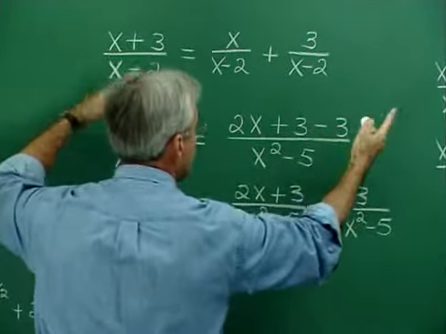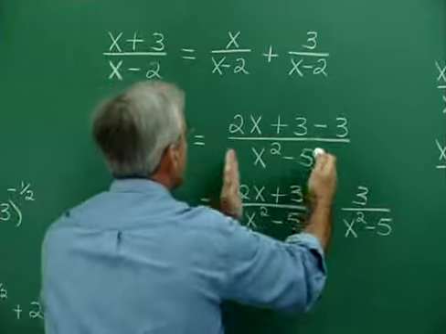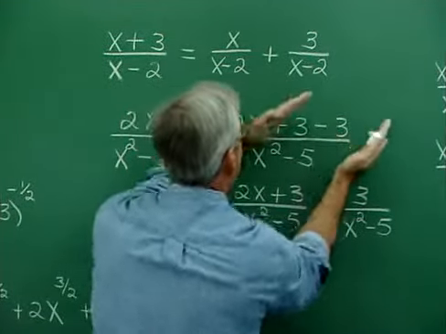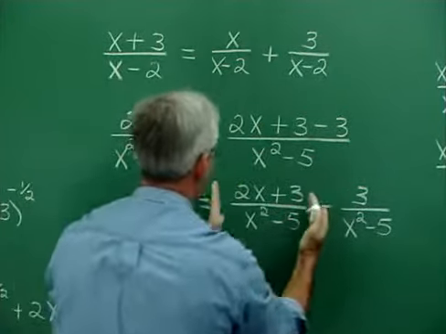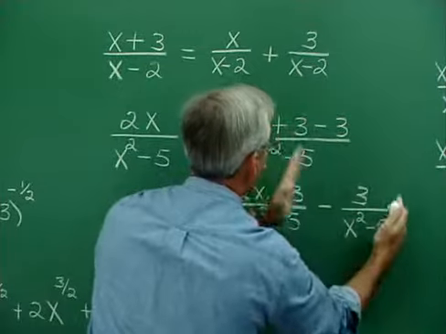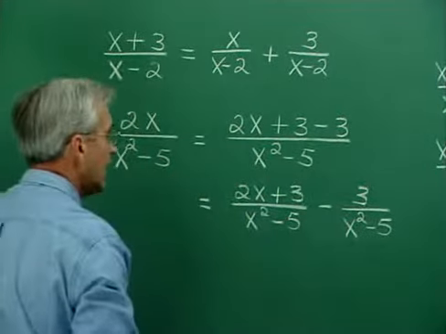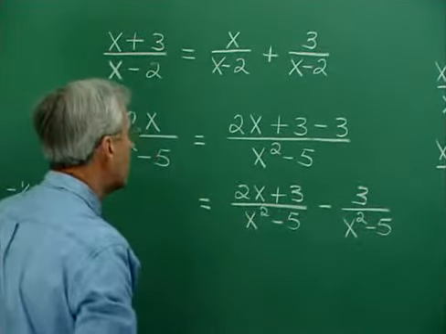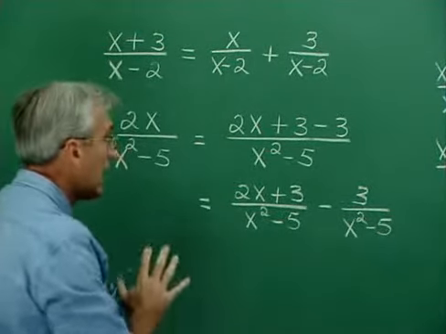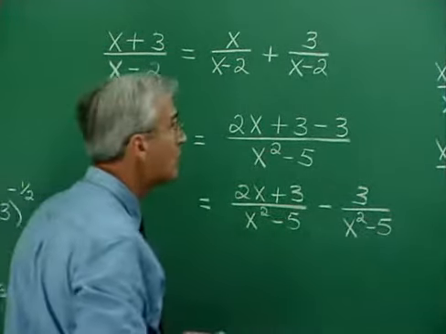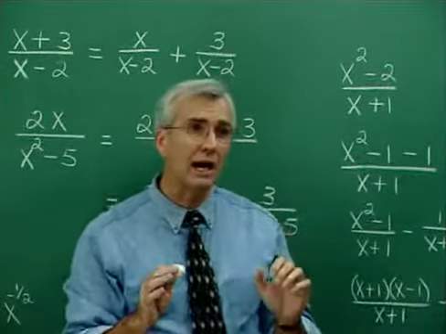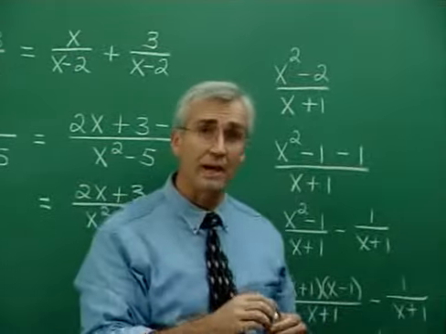Now the effect here is nothing, but now I can go through this separation process and think of this as one fraction and that as another fraction. So I can write 2x plus 3 over x squared minus 5, and then minus 3 over x squared minus 5. And you might think, well, why is that ever going to be important? Well, we would have to wait until we get to calculus to really see how important it is, but I can show you one situation where it might allow us to simplify or change the form of a particular fraction.